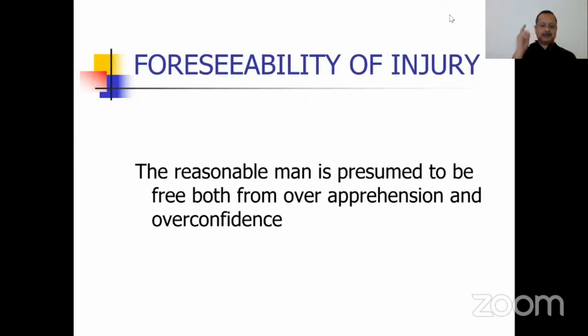So what is expected of a competent professional is that he is presumed to be free both from over-apprehension and overconfidence, and instill the same in his patient also. Medicine, as we know, and anesthesiology, as we know, is risky. Each and every procedure has got the potential to go wrong.